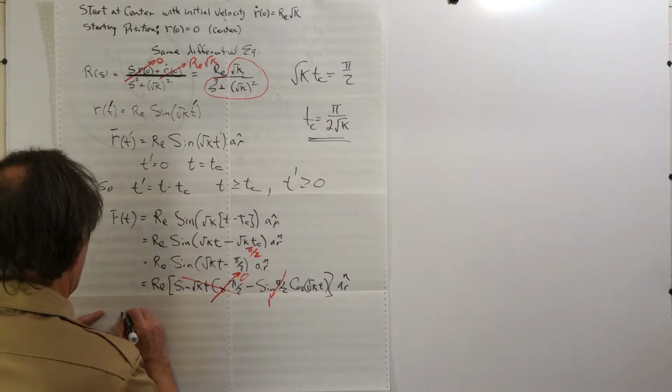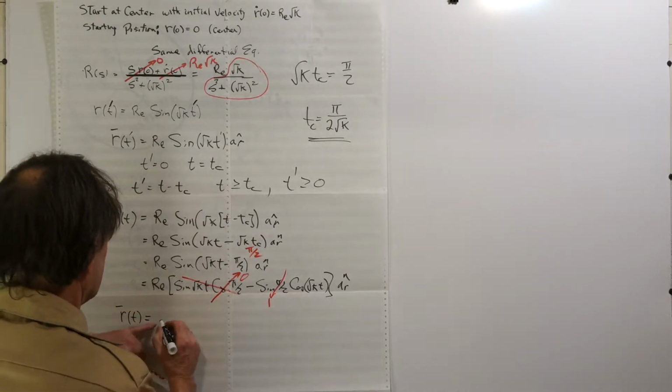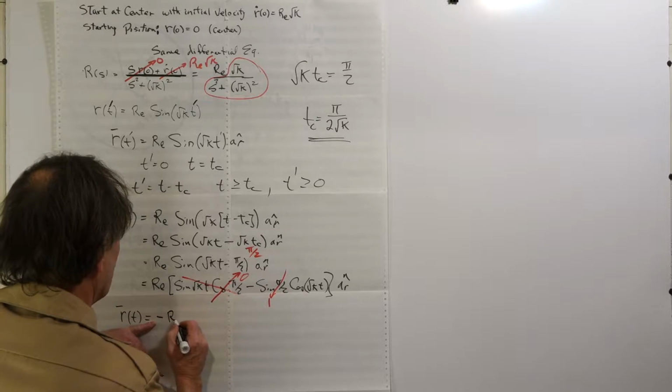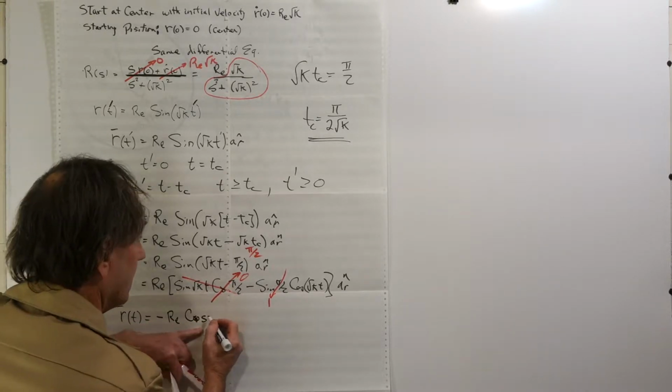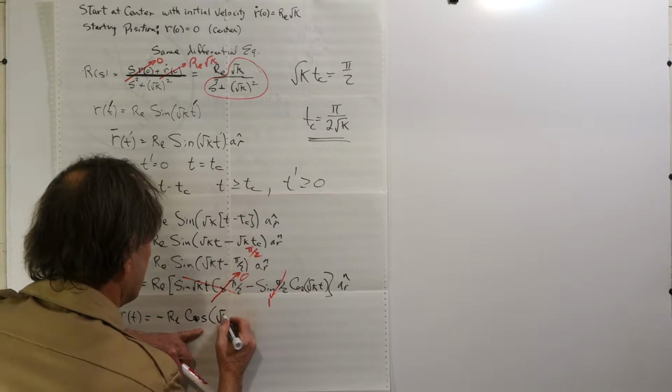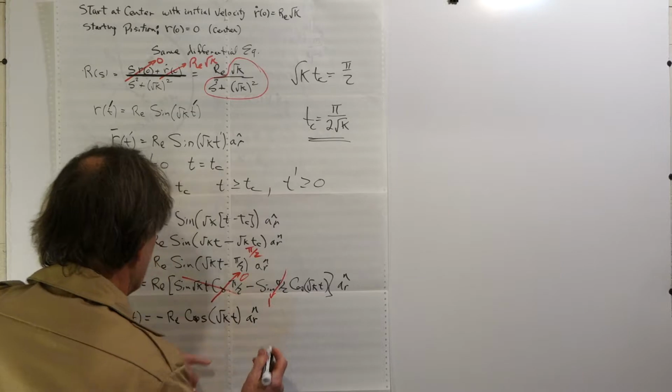So we can now write our position vector, R of t, is equal to minus the radius of the Earth times the cosine of the square root of k t in the a_R direction.